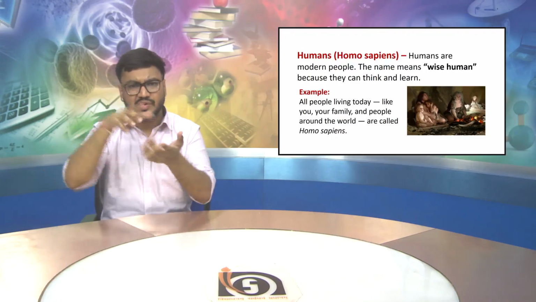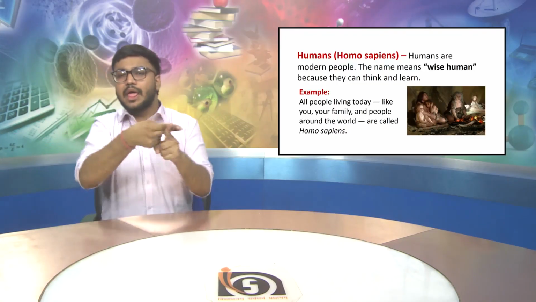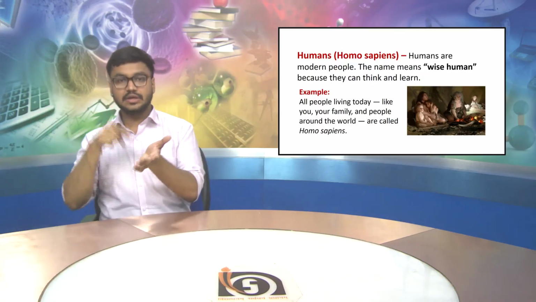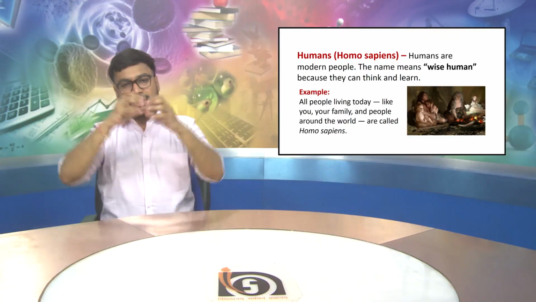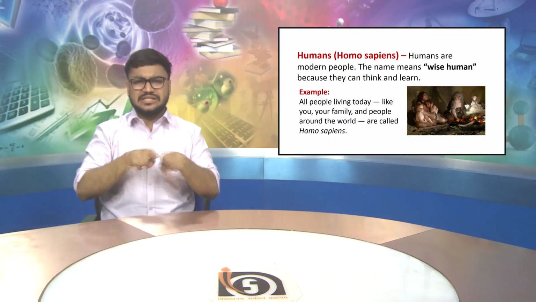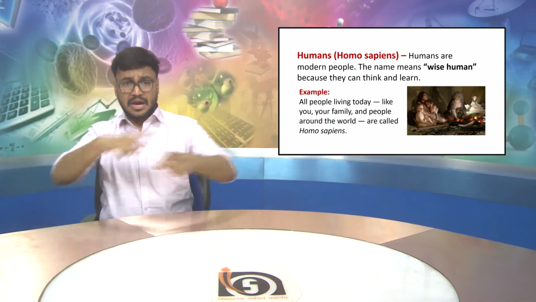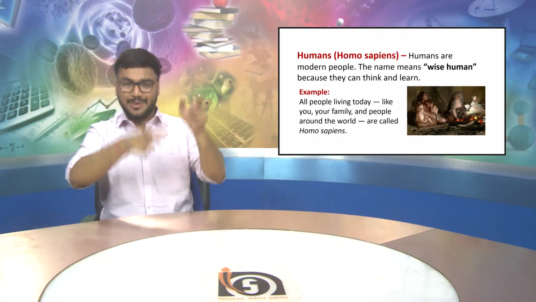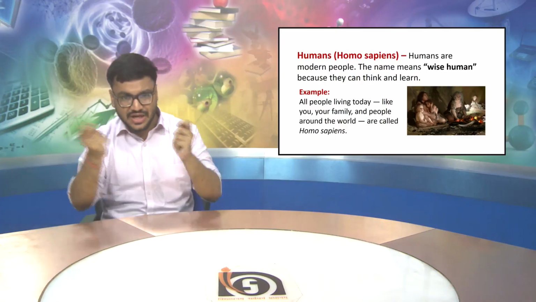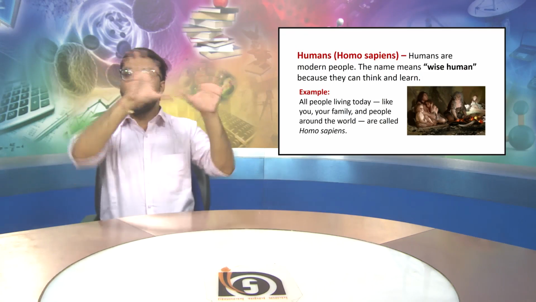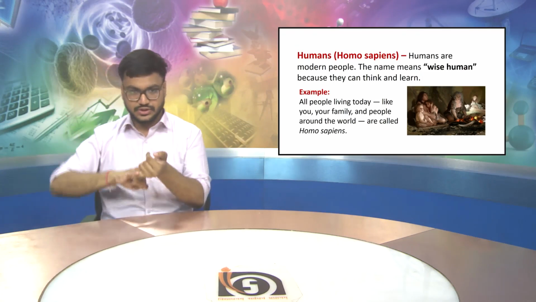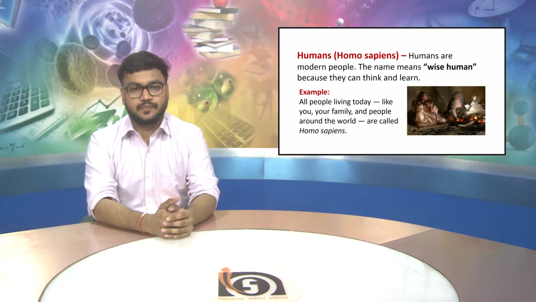The name means wise human because they can think and learn. For example, all people living today like you, your family and people around the world, they are all called Homo sapiens.